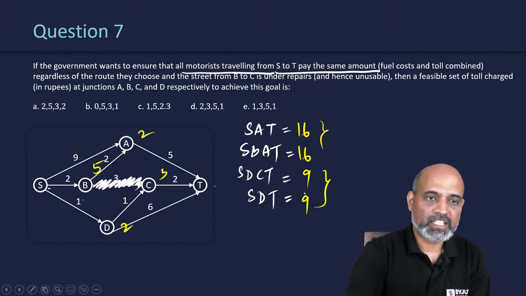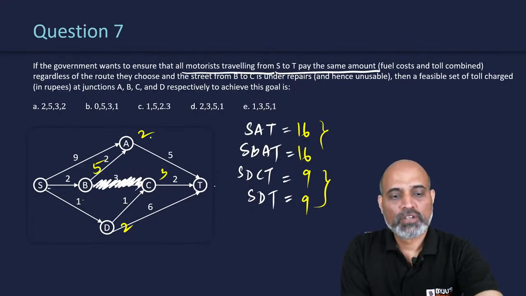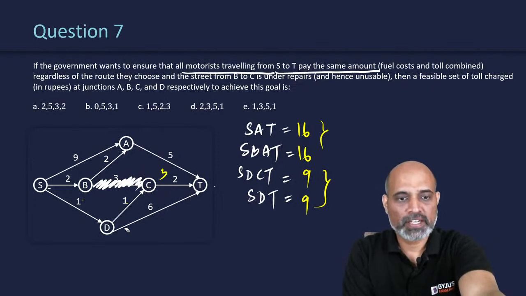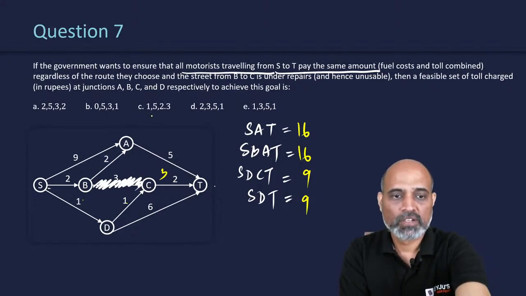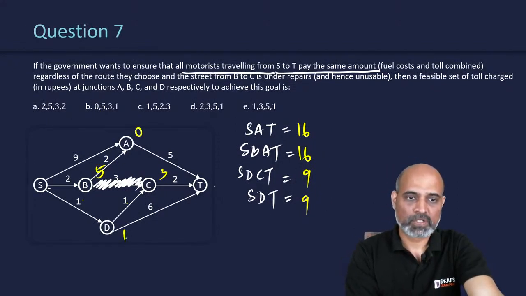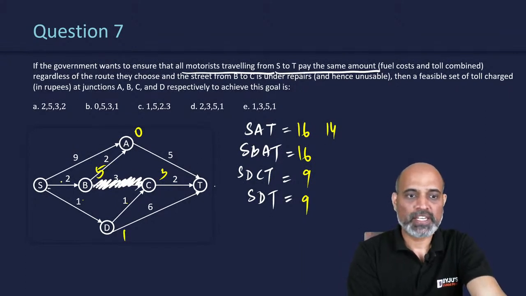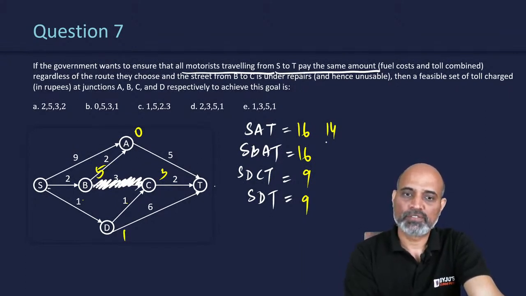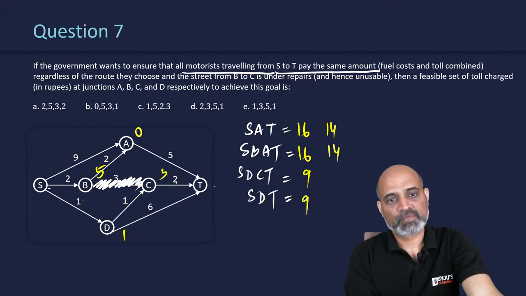Okay, let's take the next one, 0, 5, 3, 1. So if we take 0, 5, 3, 1, this is going to give us 14. This one is going to give us 14 as well. This is going to give us 5, 3, 8, and this is going to give us 8.